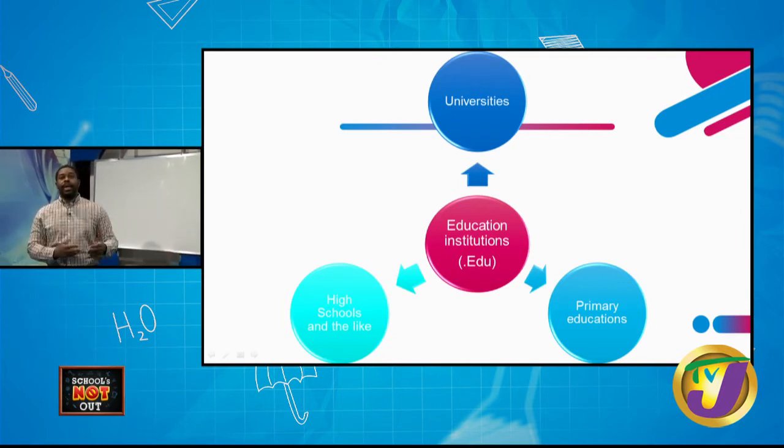If they have a website and the focus is for education, then they are going to be registered under .edu. And you will always see possibly edu.jm, which means Educational Institution in Jamaica. All right? So your reason for creating the websites always informs what type of domain you will be using.